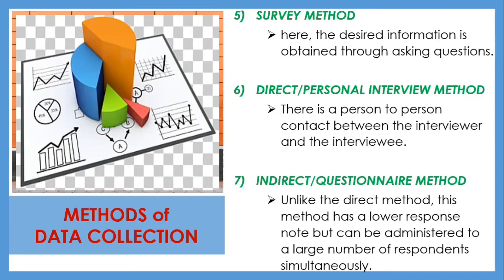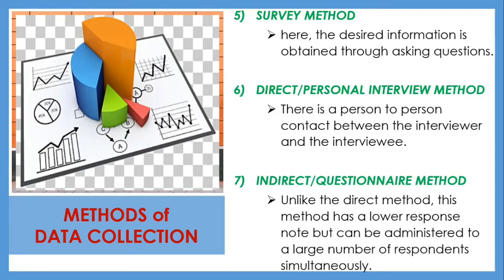On the other hand, indirect or questionnaire method is considered the easiest method of data collection through the use of a questionnaire or a data gathering tool. Unlike the direct method, this method has a lower response rate but can be administered to a large number of respondents simultaneously.